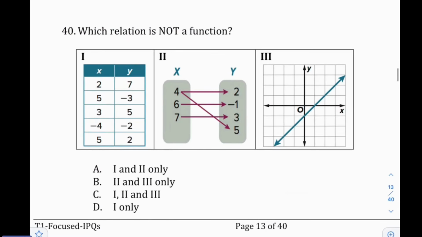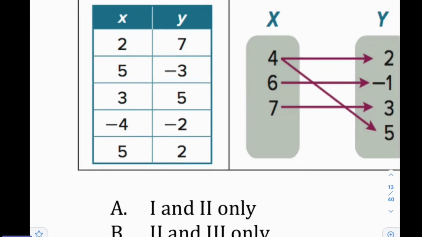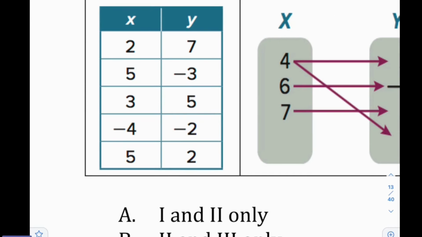Here he's asking which one is not a function. So let's check them one by one. Here is a table. What do you notice? We notice that 5 is paired twice, once with -3 and once with 2. It's like being in two countries at the same time, or in two different classes at the same time, which is not practical.